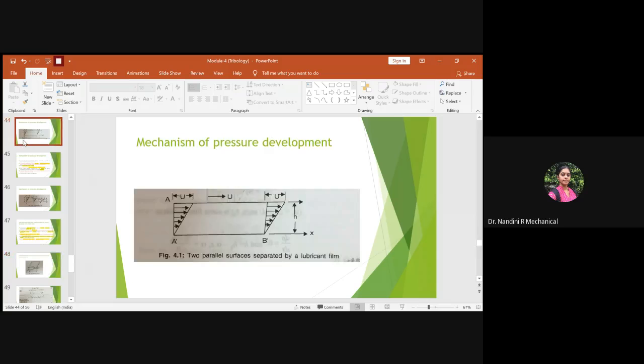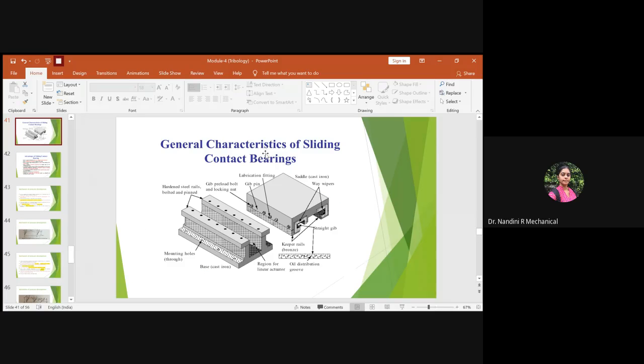Why? Because if you go to the section here, you can see this is the area where you have the oil distribution. So this is the area in which you'll be having the top surface, and the bottom surface will be inclined in this way, right? So you'll be having a converged film across this end. So across this end only you have the oil distribution.